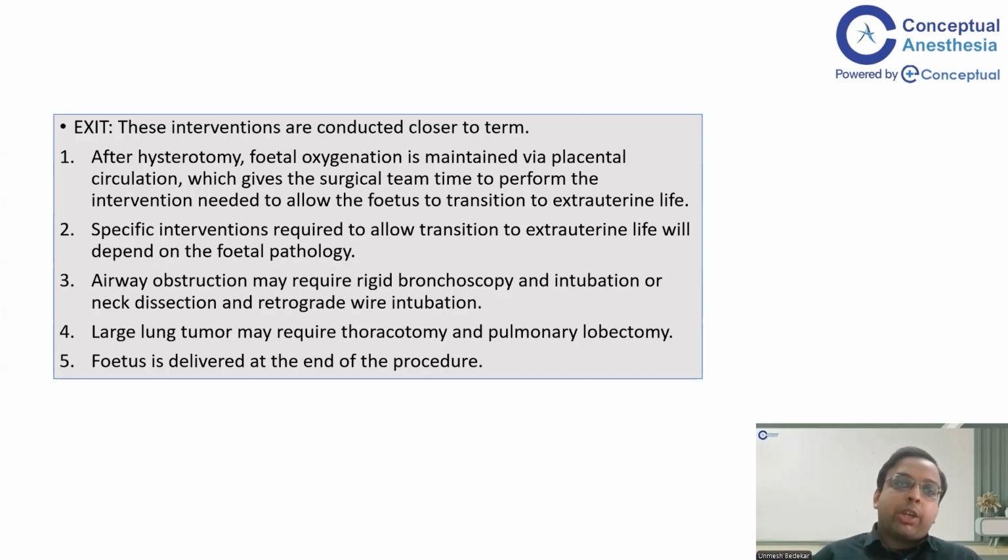Airway obstruction may require rigid bronchoscopy and intubation, or neck dissection and retrograde wire intubation as well. These are specific airway maneuvers that may need to be done in this procedure. If there's a large lung tumor, we may require thoracotomy and pulmonary lobectomy as well. The fetus is then delivered at the end of the procedure.